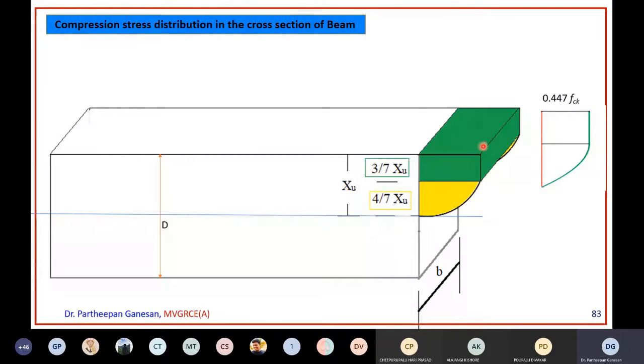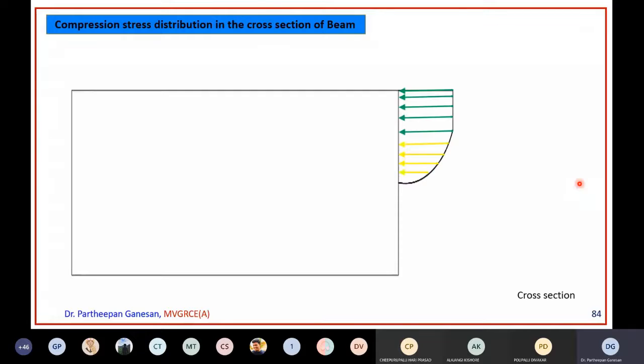Now, how to calculate the total compressive force? Here I have shown the front elevation. You have a rectangular stress distribution. Remember, this is 0.447 fck here, and this is a parabolic distribution. Now, this rectangular stress will act in the cross sectional area of width B and height 3/7 XU.